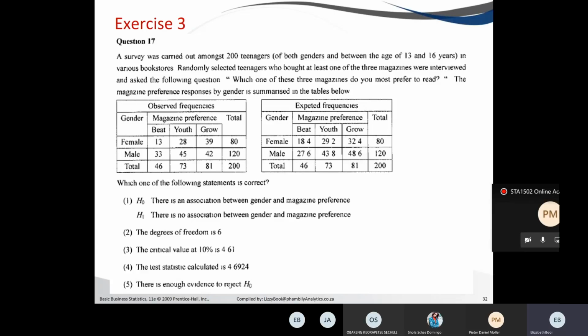Just tell me which one is the incorrect answer, which one is the correct answer, and post it on the chat. As soon as I see 2 or 3 answers, we conclude and call it a day. So which one is the correct answer?